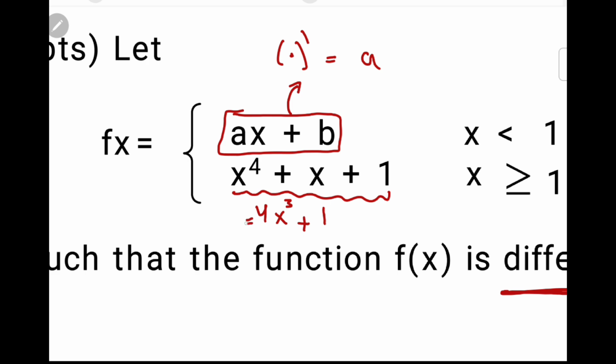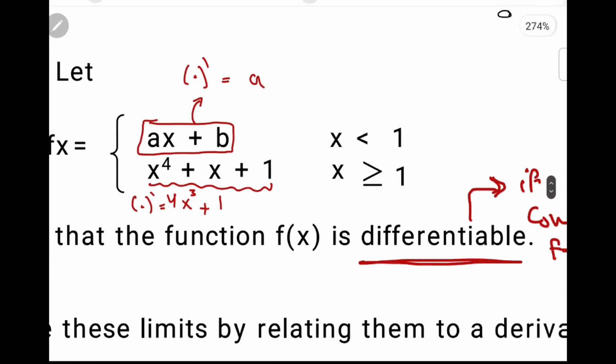So that's basically the derivative for each piece, and then the derivative must be equal.